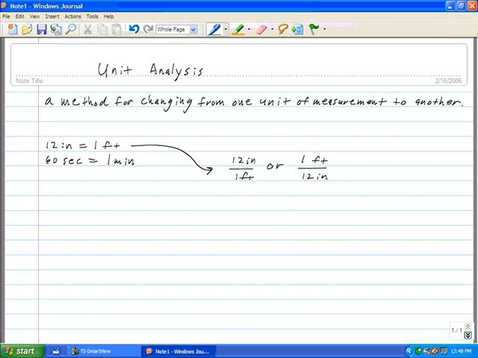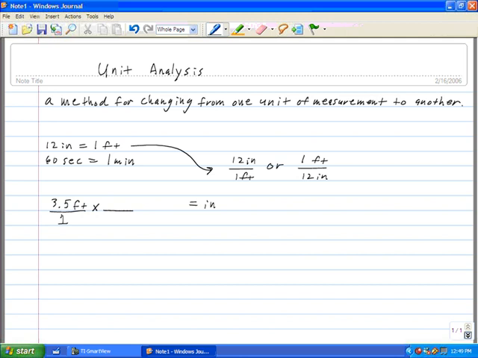So let's do a conversion. Let's take 3.5 feet and try and convert that into inches. Now here's how we're going to make the decision as to which fraction to use. You want to take the unit that you're starting with and make it look like a fraction. The easiest way to do this is to just put a 1 underneath it. This, of course, is going to be a multiplication setup because it's with multiplication that these things cancel.